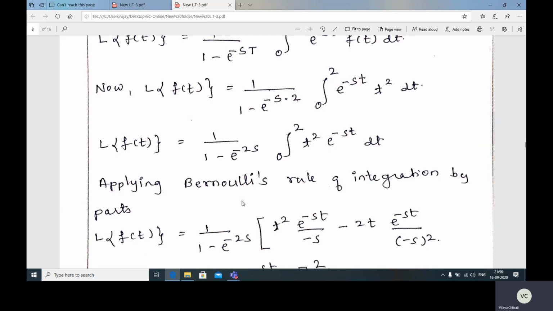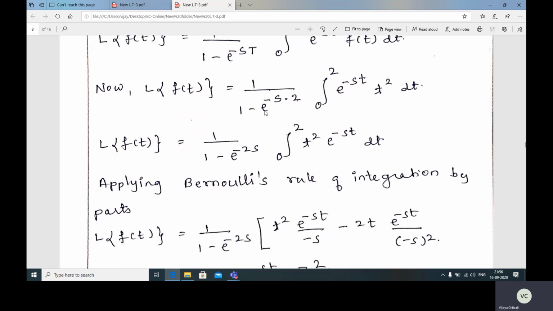What our rule says: if u and v are functions of x, the integration of u v dx is equal to u v1 minus u dash v2 plus u double dash v3 minus u triple dash v4 plus so on. Here dashes denote differentiation and suffixes denote integration, right?